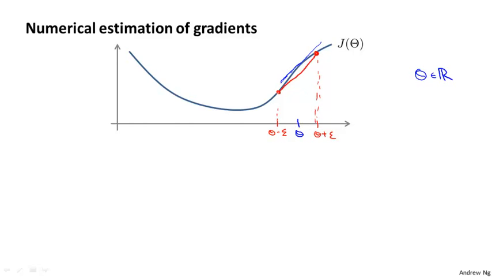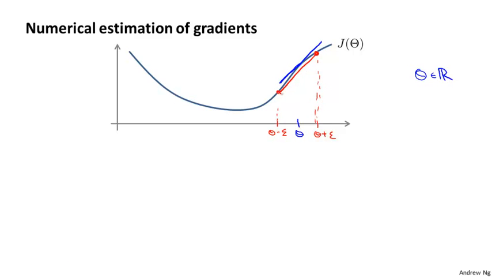and connect them by a straight line. And I'm going to use the slope of that little red line as my approximation to the derivative, where the true derivative is the slope of that blue line over there. So it seems like it'd be a pretty good approximation.